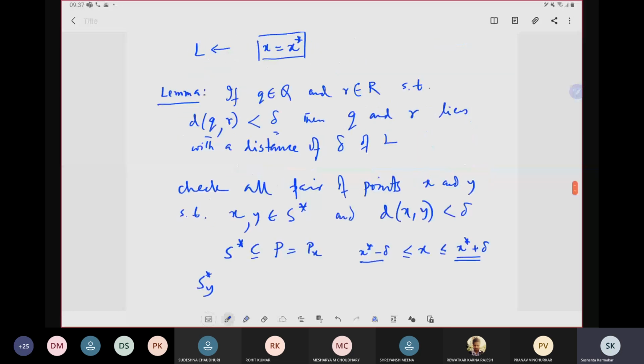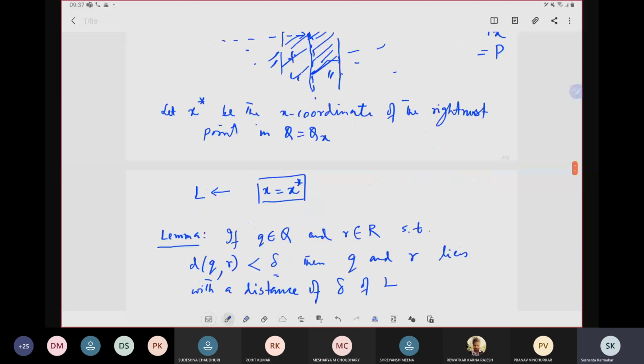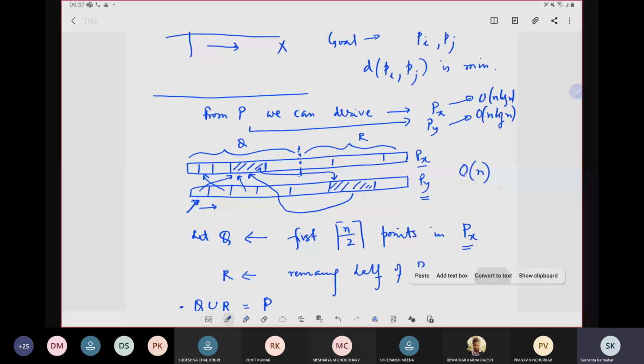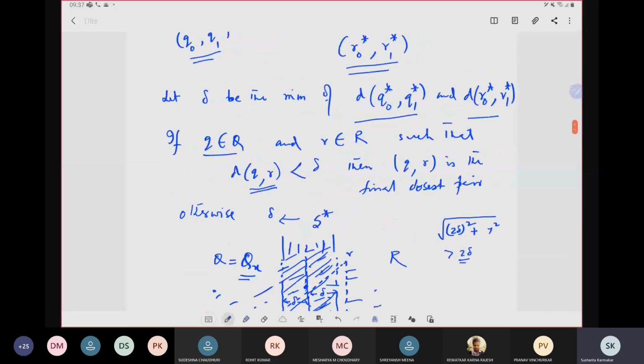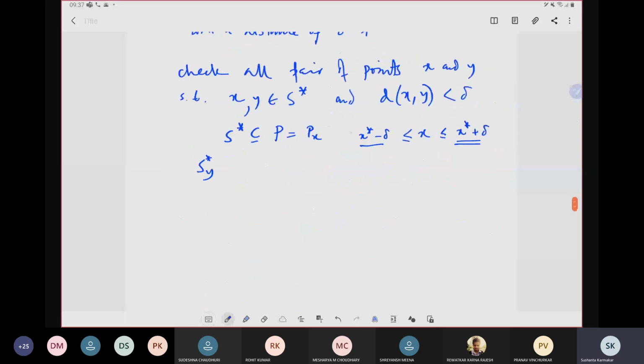You can go to this Px, and if I just scan through this Px once, left to right, and collect all the points that follow these conditions, whose x coordinate value falls between x star minus delta and x star plus delta, then I put those points in this S star.